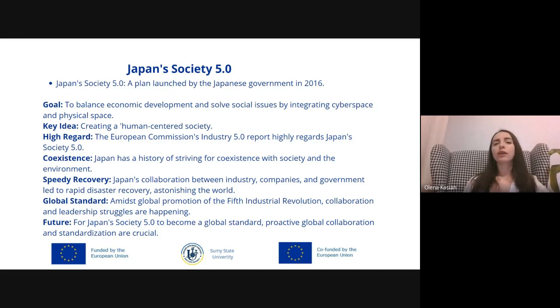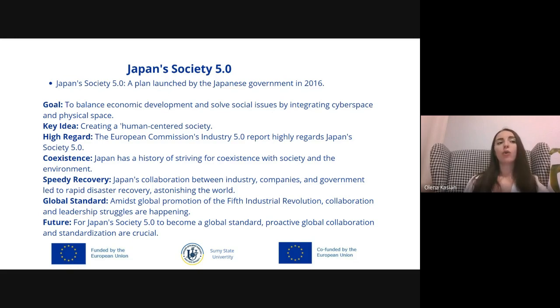Okay, so in fact Japan has strived for a long time to achieve coexistence with society and the environment, and has respected spontaneous awareness and action through the human-centered concept.